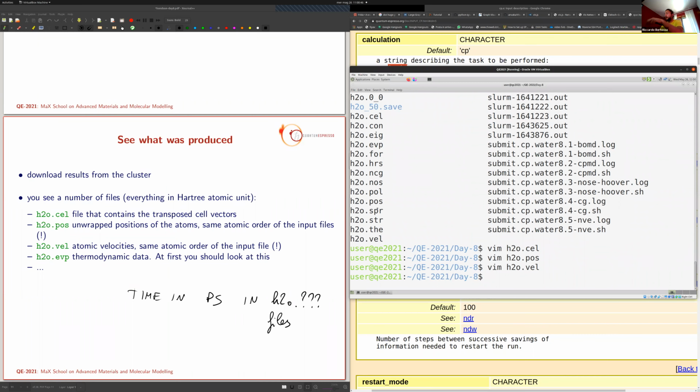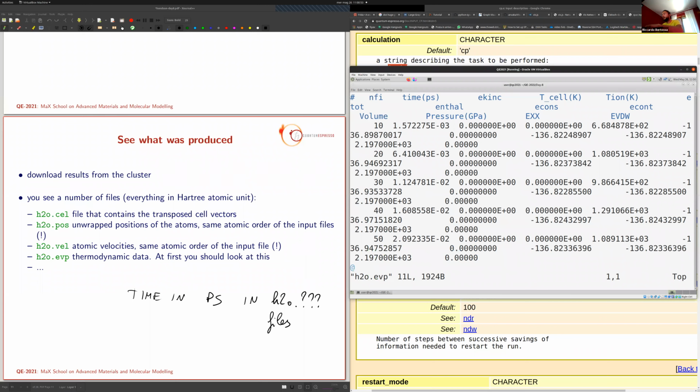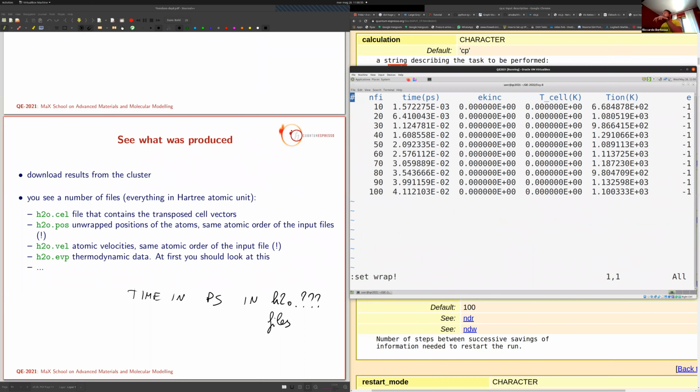Then there is the EVP file that has some thermodynamical information on all the quantities, for example, number of steps, time in picoseconds. This we will see later. It is the kinetic energy of the electrons, but now since we are not running Car-Parrinello, it is 0.